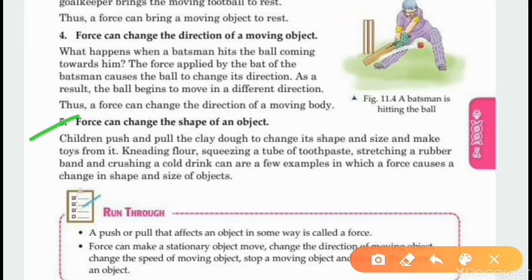So till now we have discussed that pull and push that affects an object is a force. Force can make a moving body come to rest, can put a resting body into motion, can change the direction, can change the speed, and can change the shape and size. These are the effects of force.